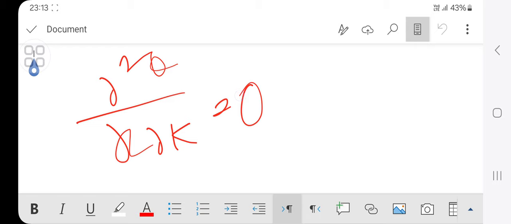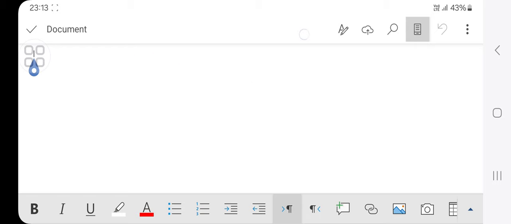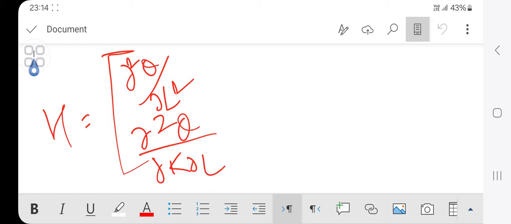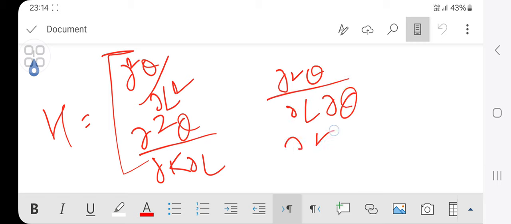Now we have to construct the Hessian matrix because it is very important. How will we do that? The Hessian matrix is formed with del square Q by del L square, del square Q by del K del L, and here del square Q by del L del K, del square Q by del K square.